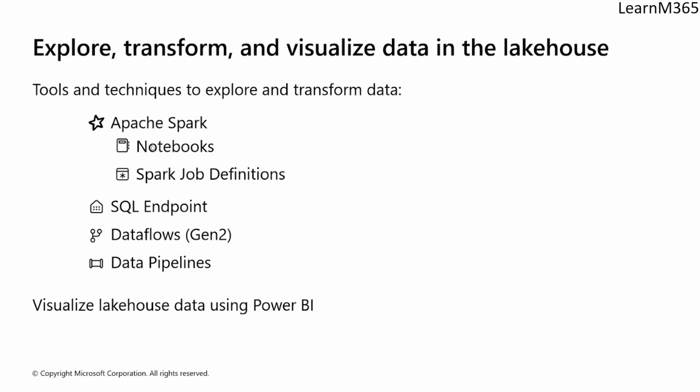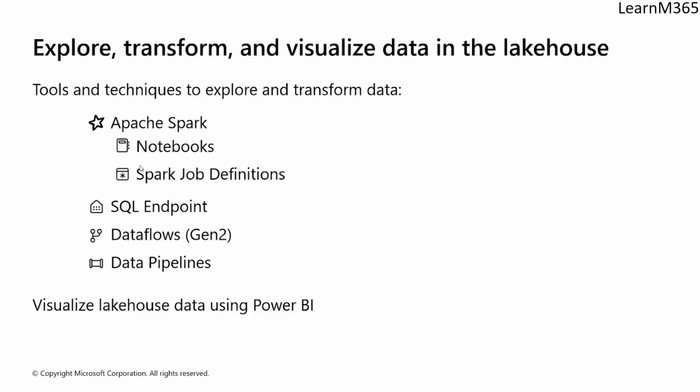Inside Apache Spark, we have notebooks. Notebooks are interactive coding interfaces in which we can use code to read, transform, and write data directly to the lakehouse as tables or files. Then we have Spark job definitions, which are on demand or scheduled scripts that use the Spark engine to process the data in the lakehouse.